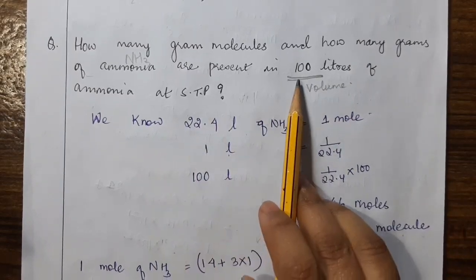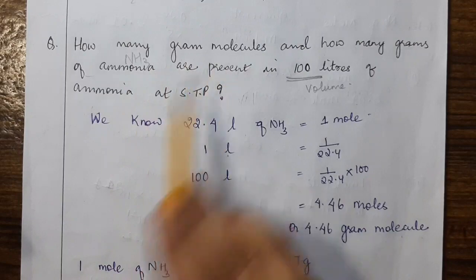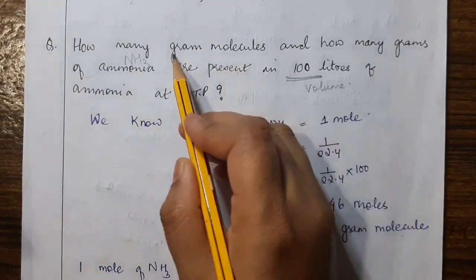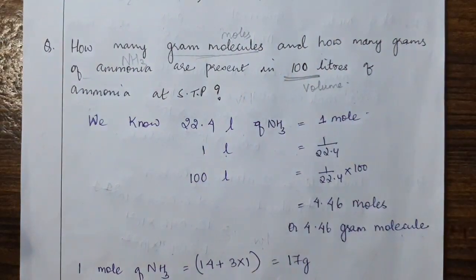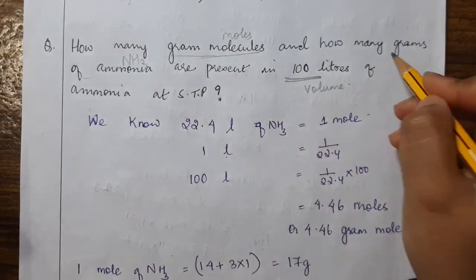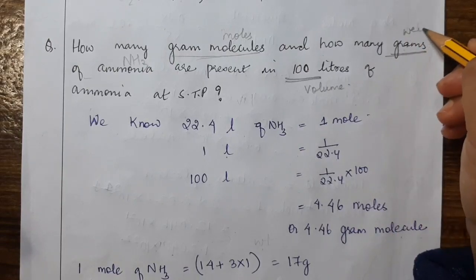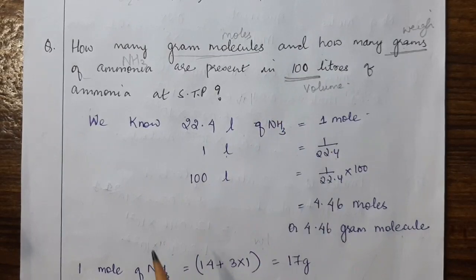What we have to find out is how many gram molecules, which means how many moles, and how many grams, which means weight. You have to find the moles and weight, and you are given volume.